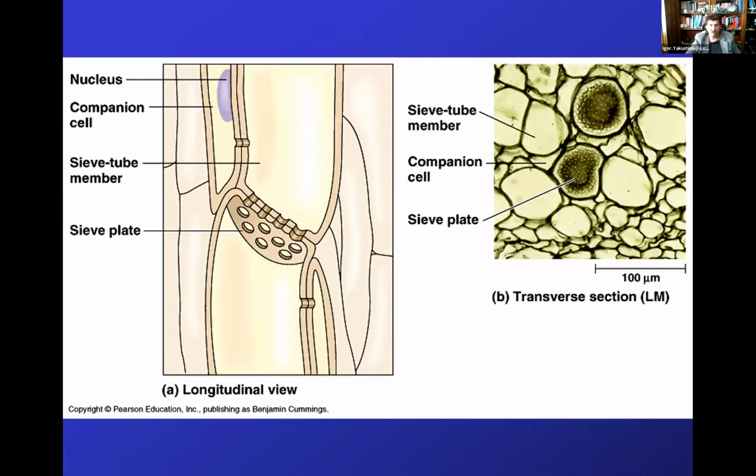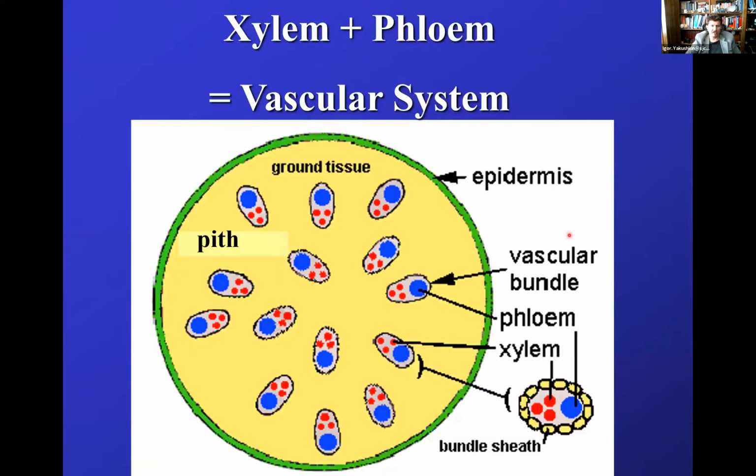Now, whenever you're looking at the cross-section of the stem, and that's kind of a representation of the cross-section of the stem, what we're looking at is the xylem and phloem combined together. They kind of run parallel. The water goes up, the sugar goes down. So that creates the vascular system, and that creates something known as vascular bundles.